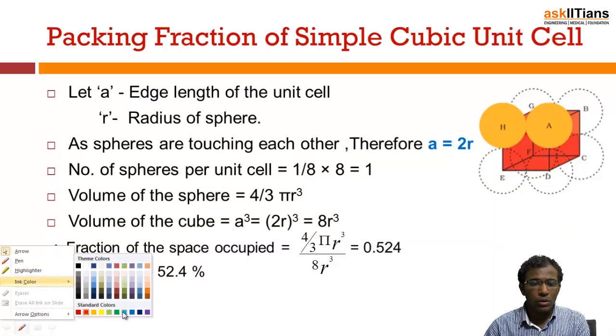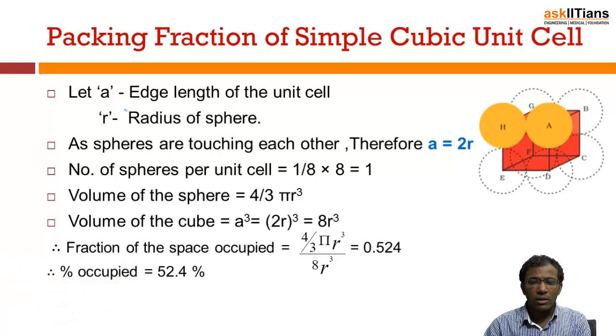This is the arrangement of the particles in a simple cubic or primitive cubic unit cell, in which the particles occupy the corners of the unit cell. Let us suppose the edge length of the unit cell is A, and R is the radius of the sphere, that is, the radius of the particle.